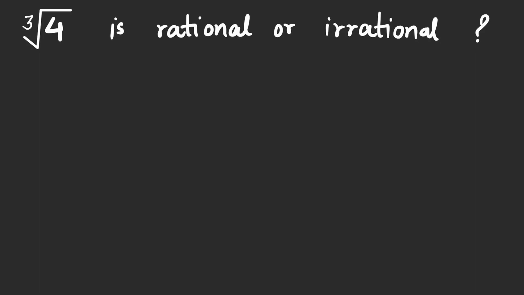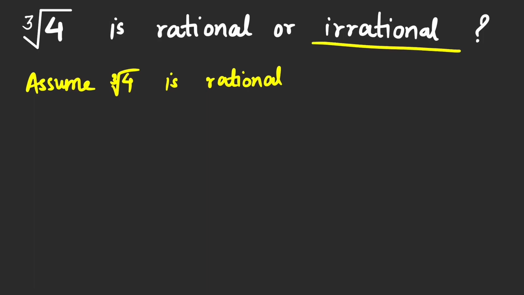This proof is by contradiction. So let us assume that this number, cube root 4, is rational. Remember that we want to prove this as an irrational number.